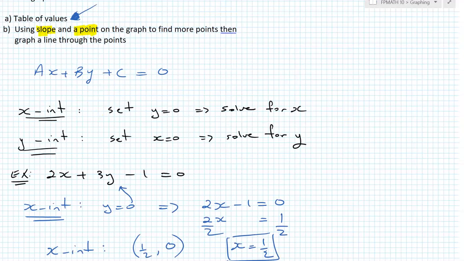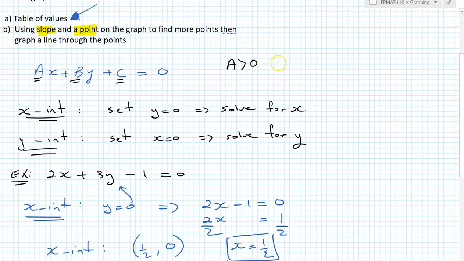Another thing to mention about the general form is that a, b, and c have to be all integers. That means they cannot be a fraction or decimal. Also, a has to be greater than 0.